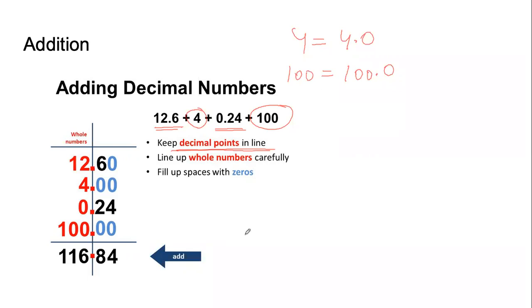Now if we write this, aligning the decimal numbers, 12.6, 4.0, decimal के नीचे decimal, 0.24, decimal के नीचे decimal, 100.0, decimal के नीचे decimal.